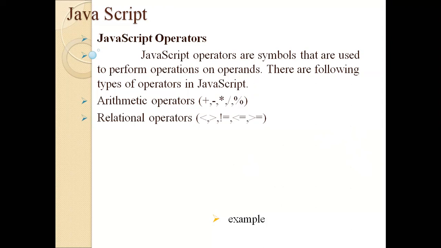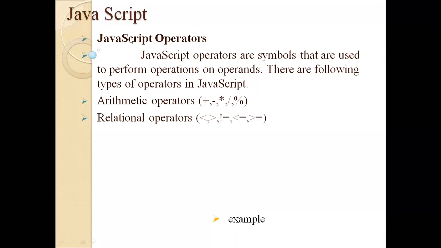Relation in the sense, if there are two operands, these operators are used to find whether the first operand is greater than the second operand, or less than the second operand, not equal to the second operand, or greater than or equal to, less than or equal to. So this is how the relation will be between two operands.